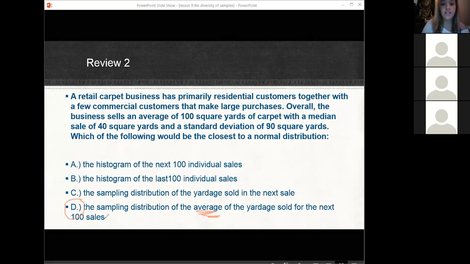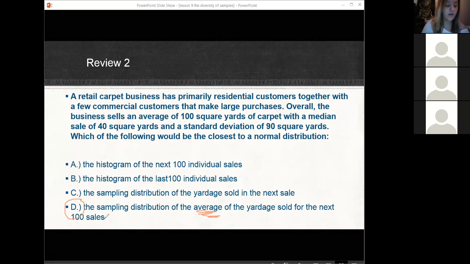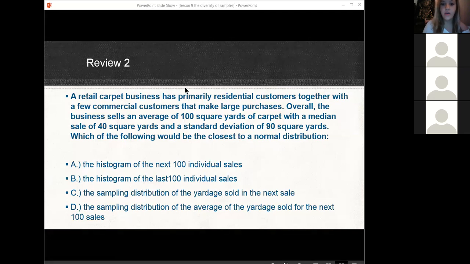That takes into account the skewedness. And remember, for our means, we always make sure that we have large enough sample sizes in order to take away that skewedness and have an approximately normal distribution, which is why D would be the answer. So great job. You definitely have a good grasp on that.